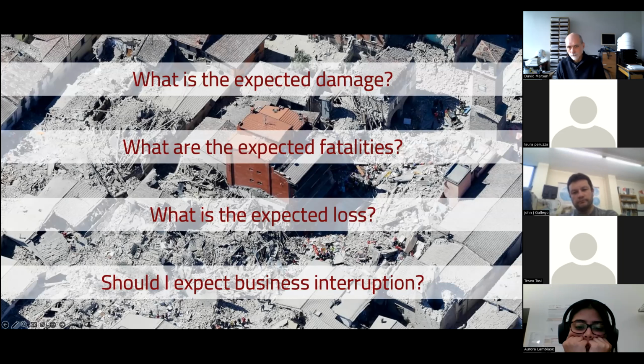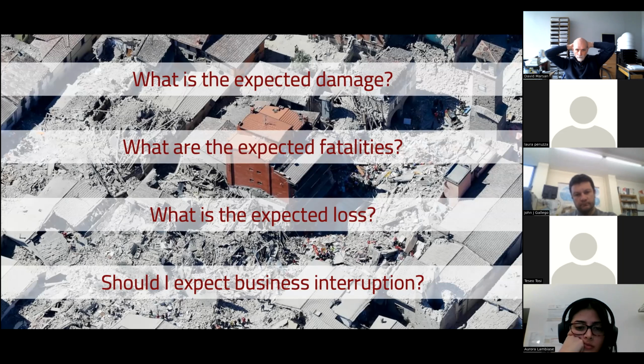You could almost draw a parallel between vulnerability functions, which is what I'm going to talk about here, and ground motion models. Ground motion models convert magnitude, distance and site conditions into ground shaking. And then the vulnerability model is going to convert one intensity measure level or many, it could also be vector-based, into loss ratios.